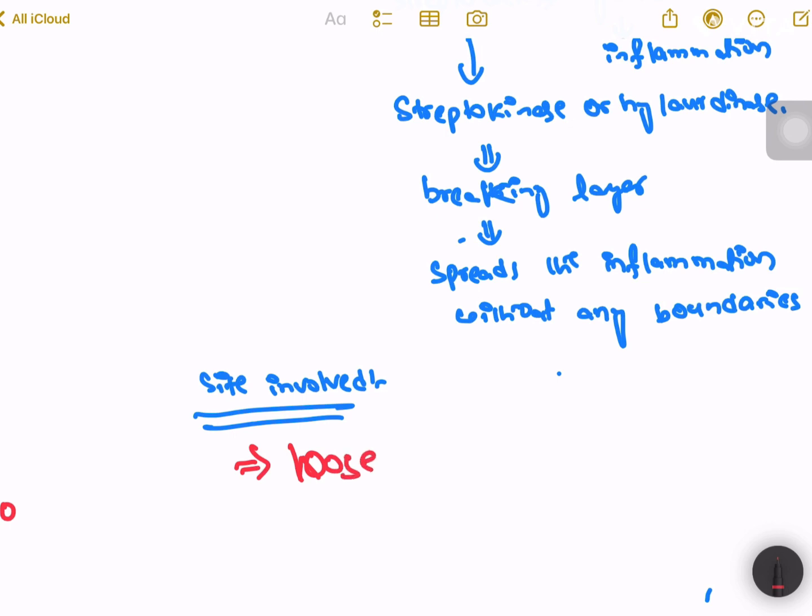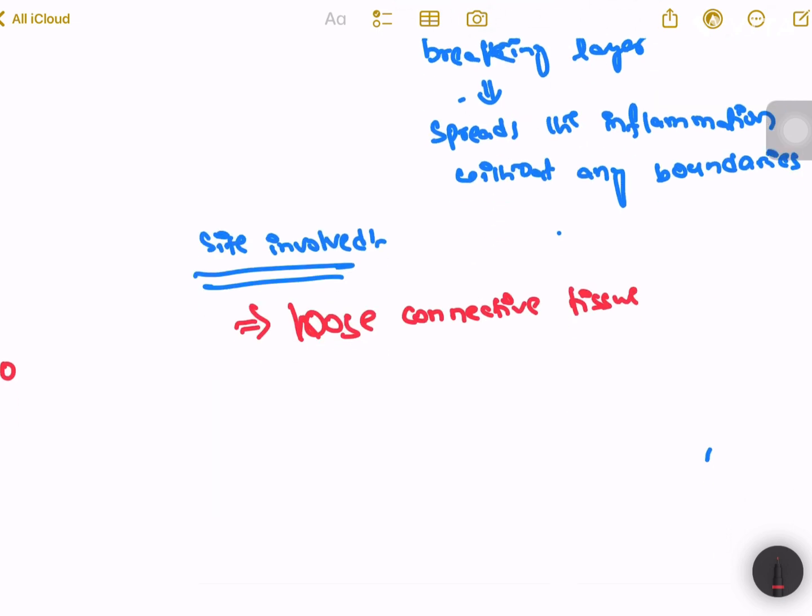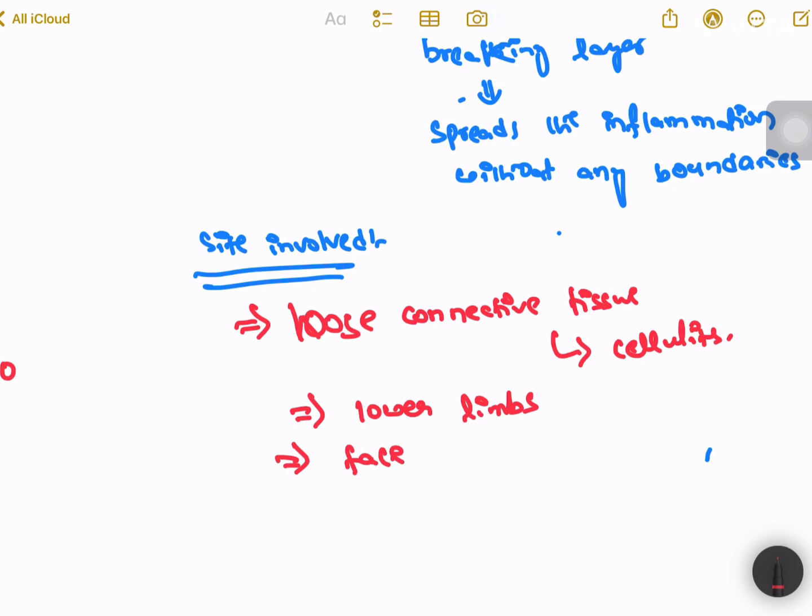Wherever you see this loose connective tissue, there is a chance of cellulitis. The most common sites involved are lower limbs, face, most commonly orbits, scrotum.